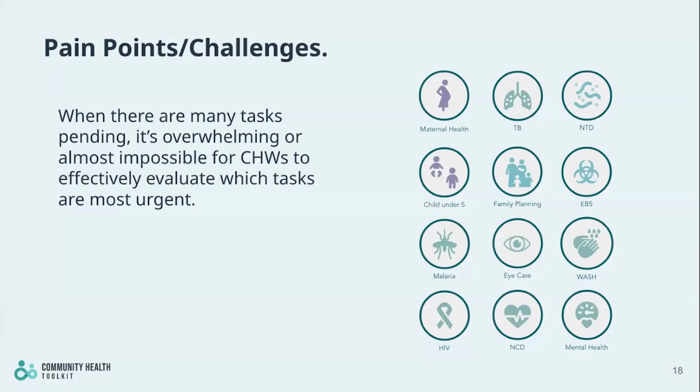So why did we even bring up this topic? You can see on the right-hand side that our program increased from maternal and child health to many different tasks, which is TB, NTD, family planning, EDS, malaria, etc. With this, a lot more tasks show up on the CHW's screen, which makes it overwhelming and maybe difficult to decide which one to prioritize and which one is more important if I'm not able to do all of them.